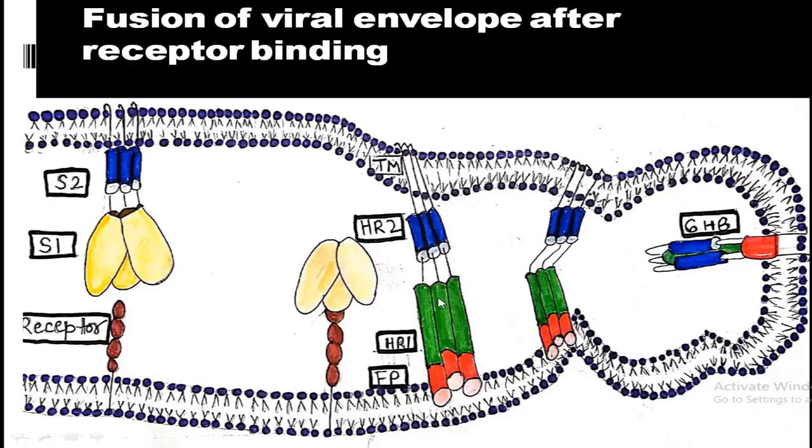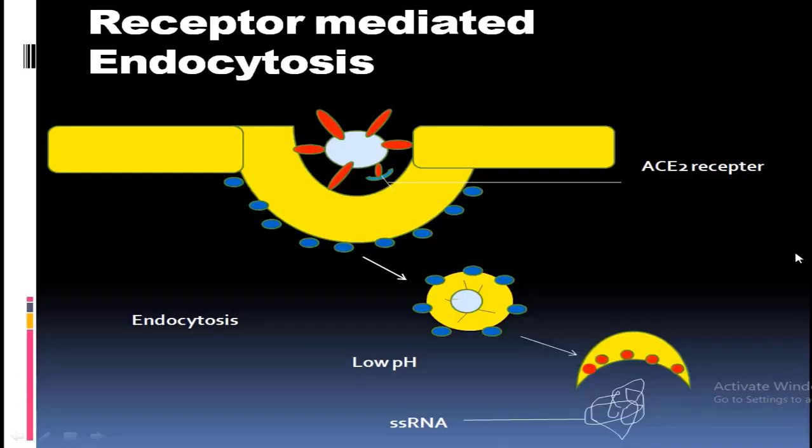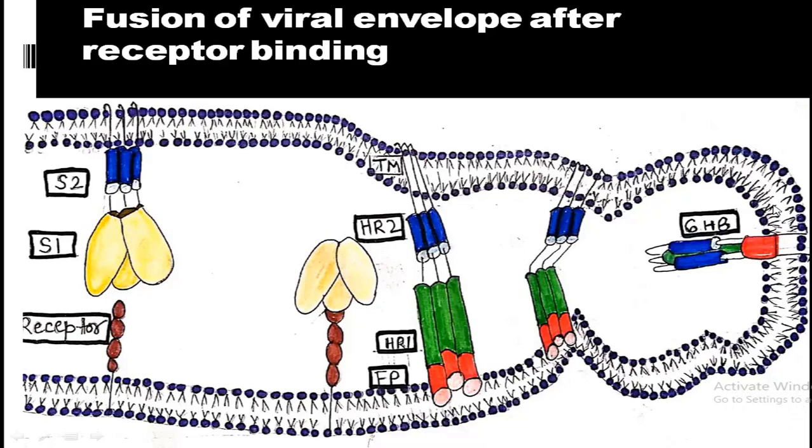Here two repeats are there, heptad repeat 1 and heptad repeat 2. These two heptad repeats later form the 6 helical bundle: three peptides from this side and three peptides from this side. Together they form the 6 helical bundle. Before they form the 6 helical bundle, it is the pre-fusion state, and after the 6 helical bundle they form the post-fusion state, where the envelope of the virus and the host cell plasma membrane fuse together, right?